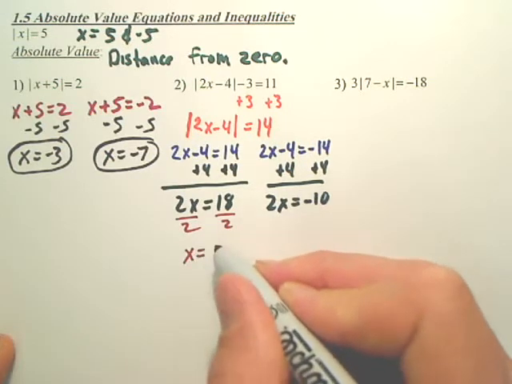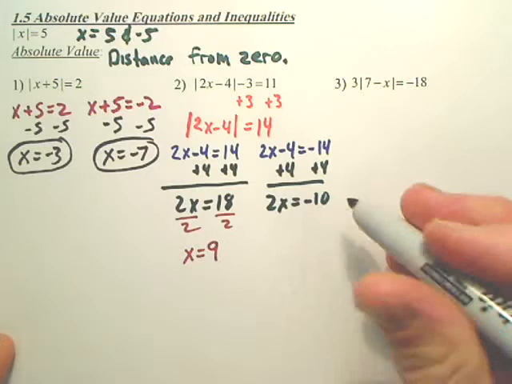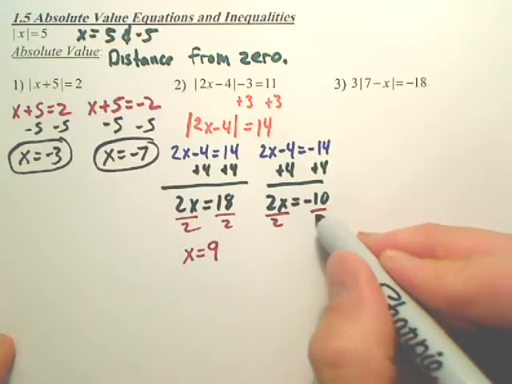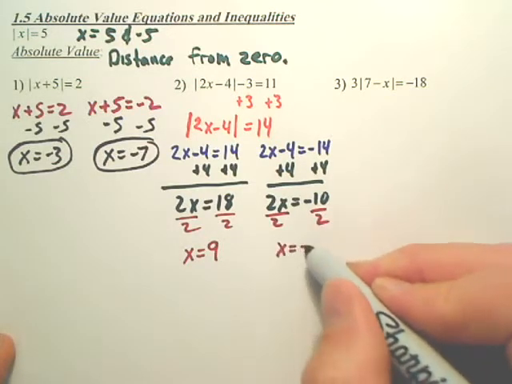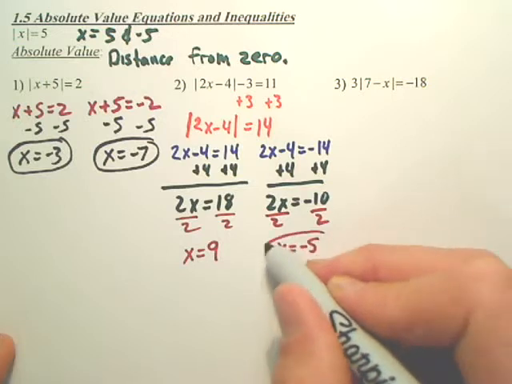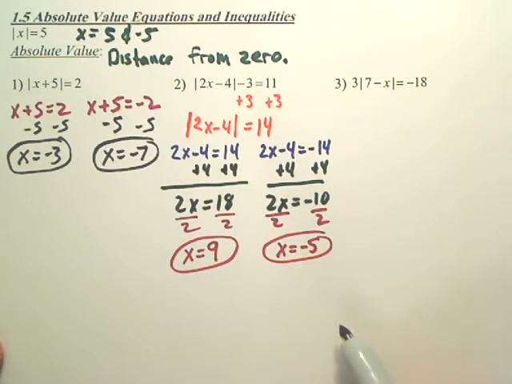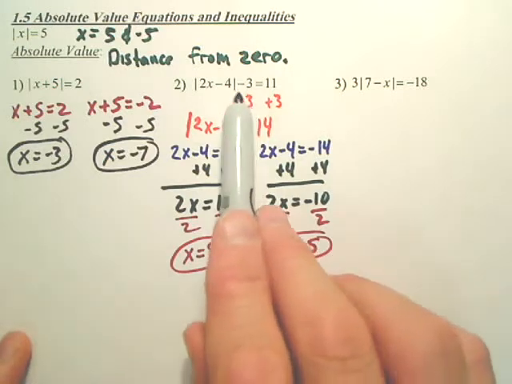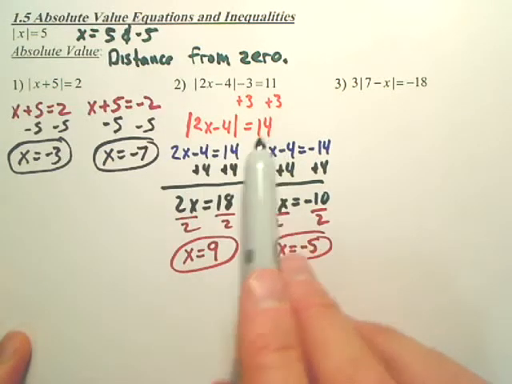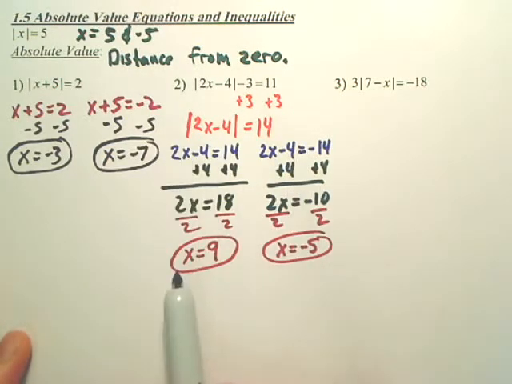This gives me x equals 9. And this one you're going to divide by 2. X equals negative 5. If you plug both these in up here, they should both work. So the first step is to isolate the absolute value, then make your two equations, solve each.